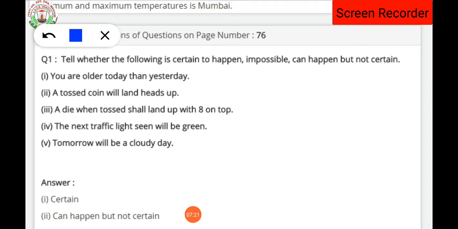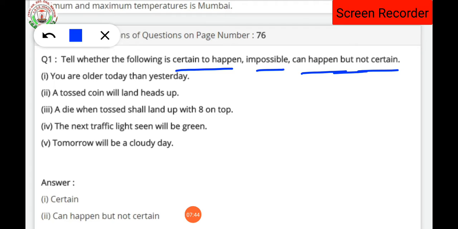Where there is no sureness of what we are saying, it is called probability. So here we have to classify the statements under certain to happen, impossible, can happen but not certain. We have to classify these 5 statements on the basis of certain to happen, impossible, can happen but not certain.